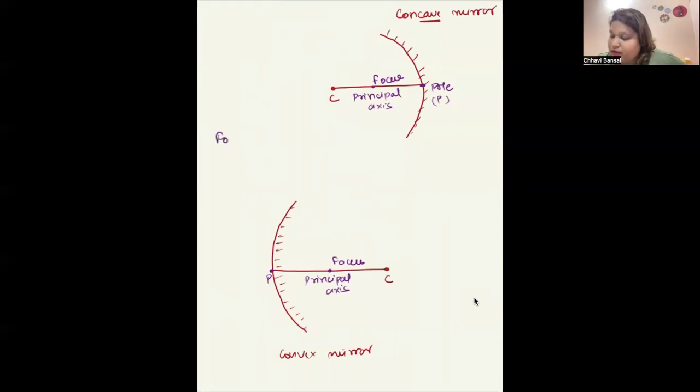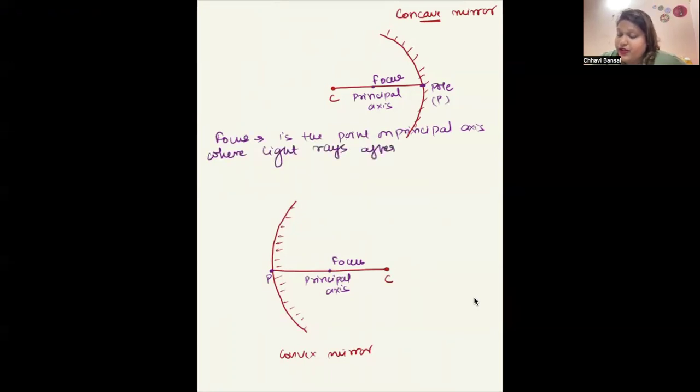Focus is the point on the principal axis where light rays after reflection actually meet or appear to meet.